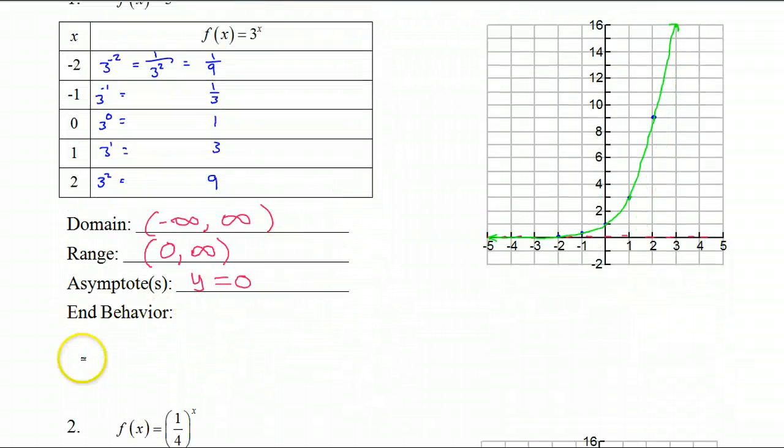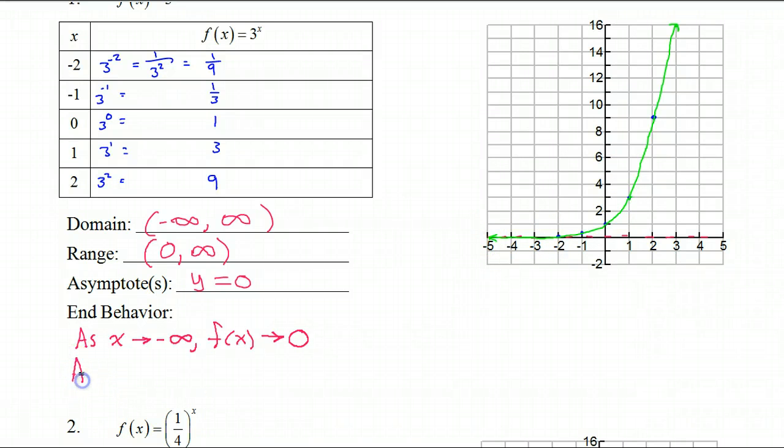Now for end behavior, first we'll do the left end behavior. So as x approaches negative infinity, all right, meaning on the left, f of x approaches. Now, as we slide to the left, the graph approaches the asymptote. So in this case, as we slide to the left, the function gets closer and closer to 0.